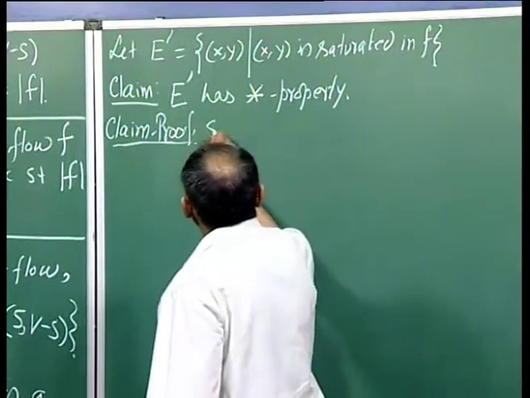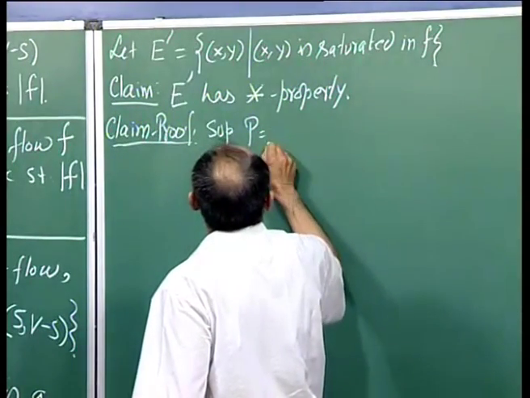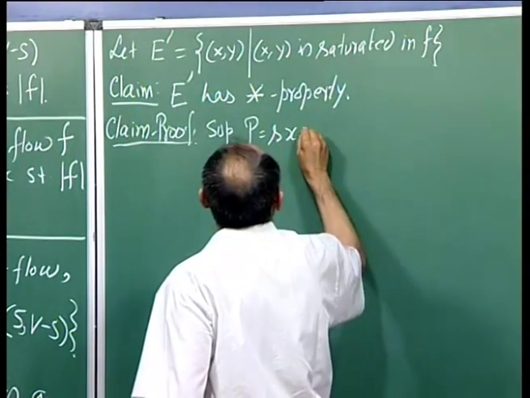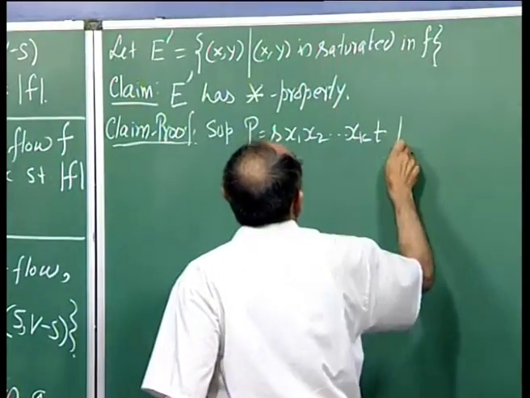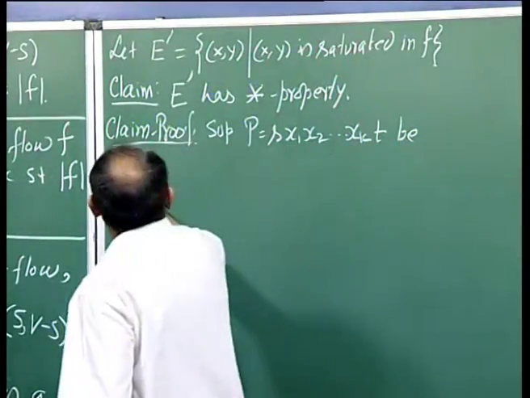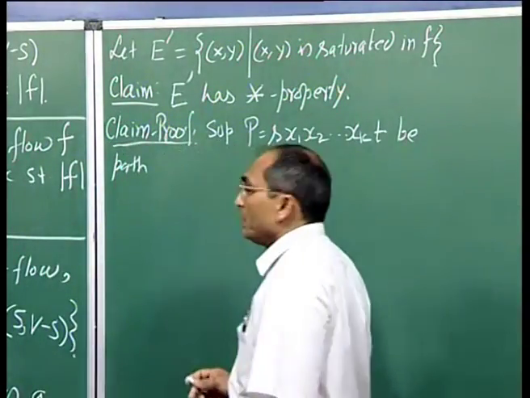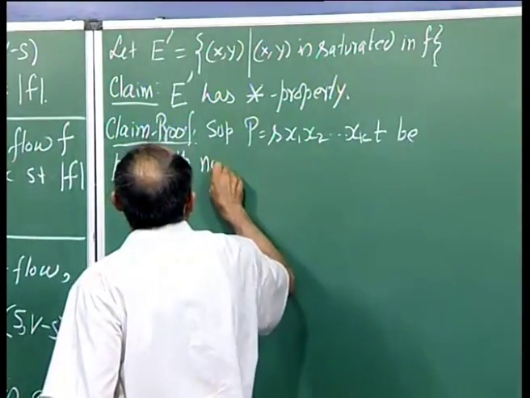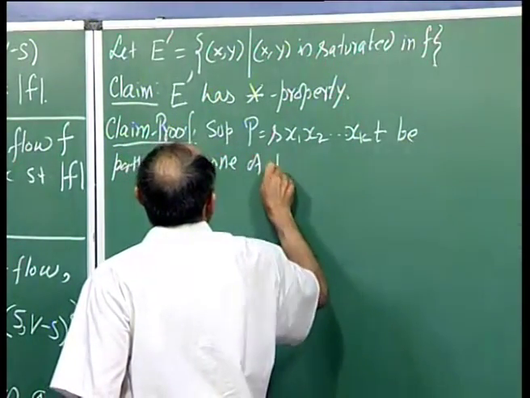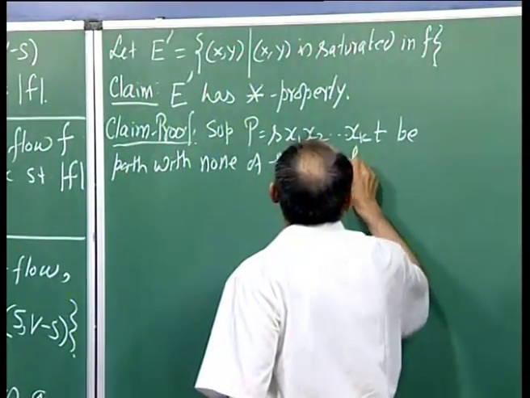So, suppose P equal to S x1, x2, xk t be a path with none of the E prime edges on it.